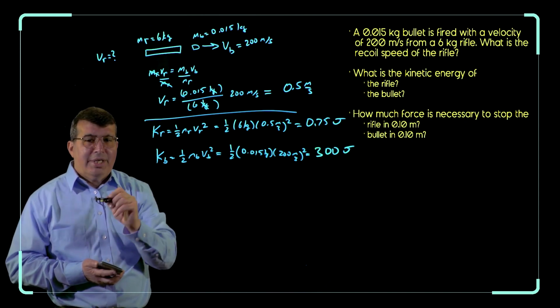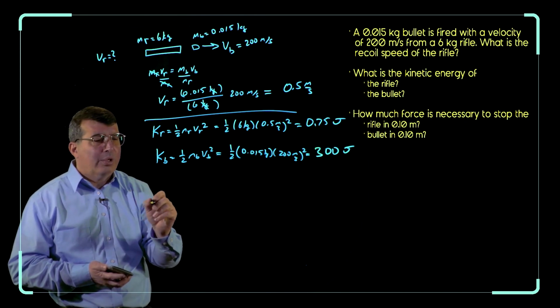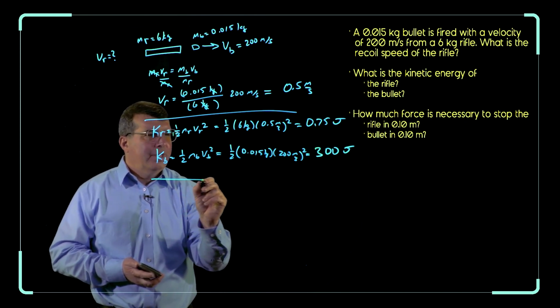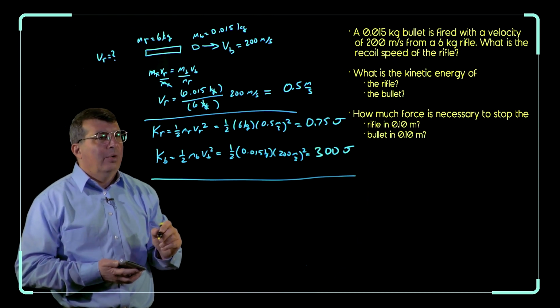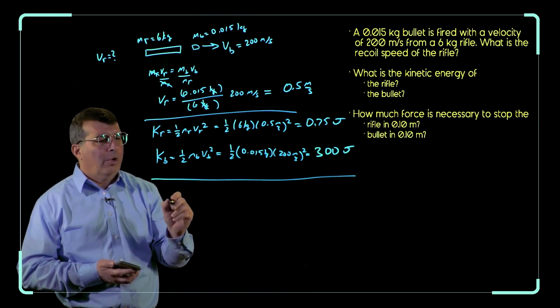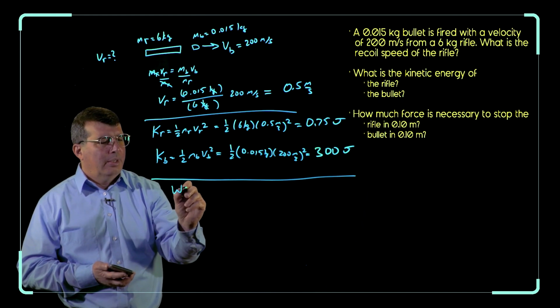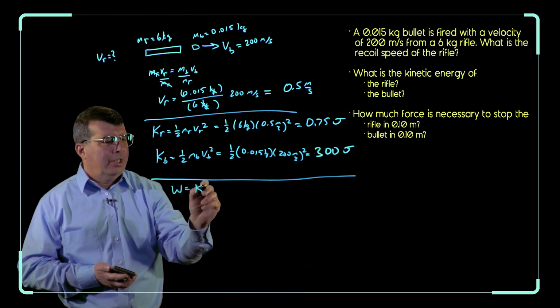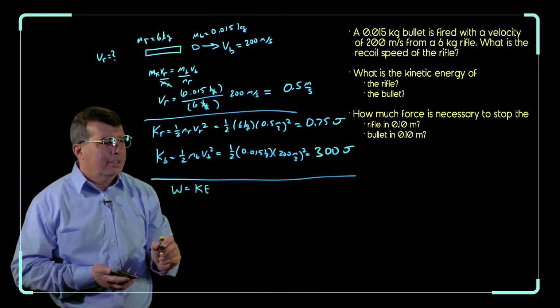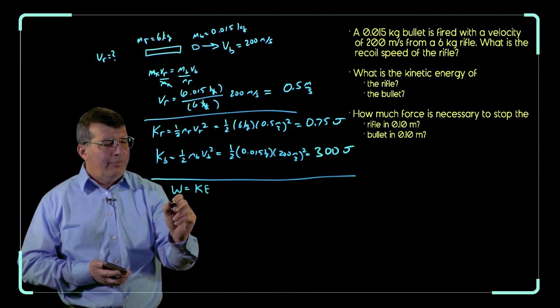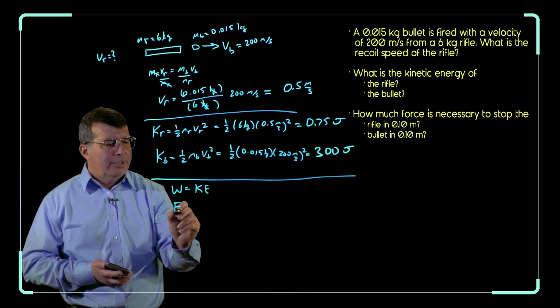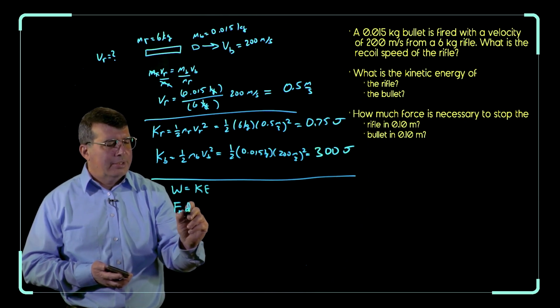Okay, so let's answer that last question. How much force is necessary to stop the rifle in 10 meters? Well, we know that the work is equal to the change in kinetic energy. So the work to stop the rifle would be the force to stop the rifle times the distance.